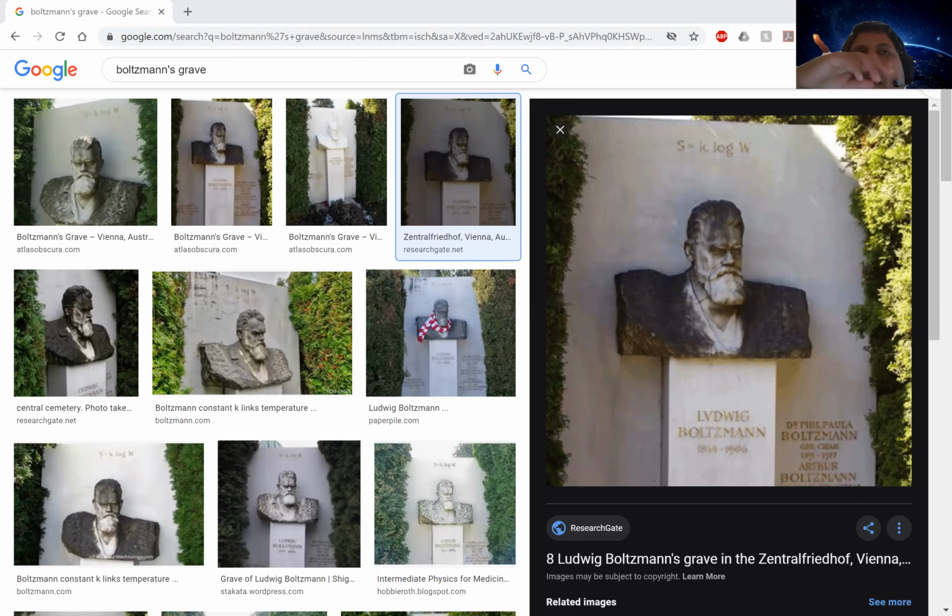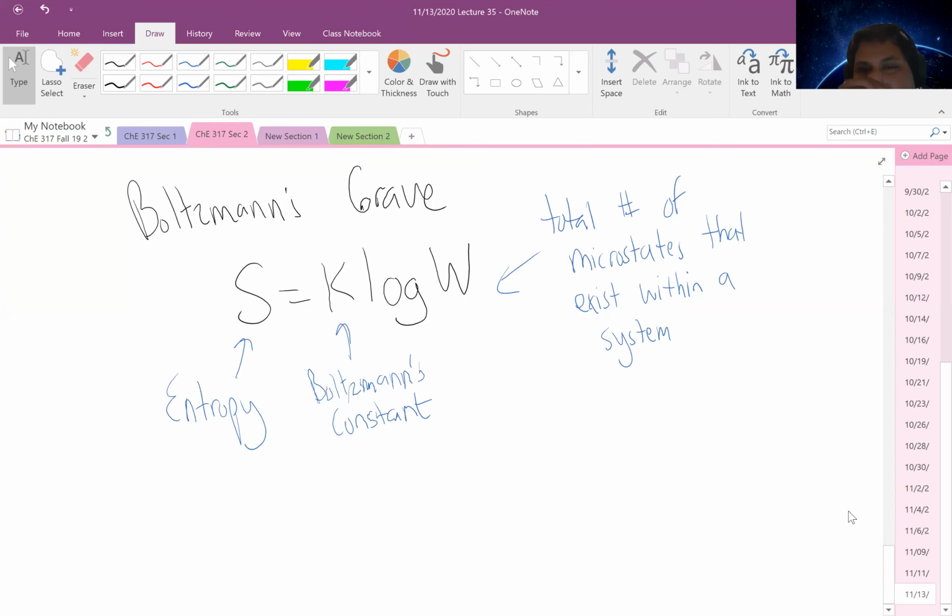So if you had a box of gas molecules, the total number of microstates is basically the total conformations of those molecules that can exist in that box. And in Boltzmann's grave, he quantified that value using his constant to discuss the true entropy of a system. Are you writing? You're still sharing the picture with us. I did write the equation.